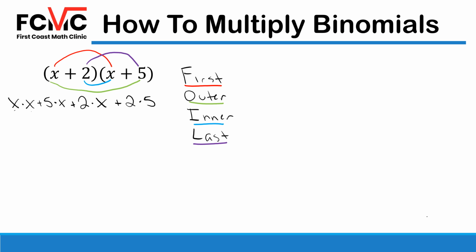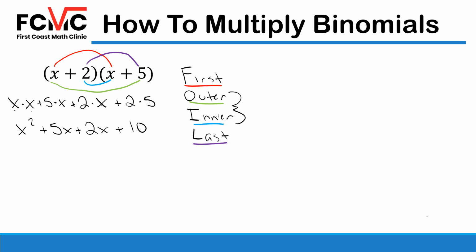So now let's go ahead and do that multiplication. So x times x is x squared. 5 times x is 5x. 2 times x is 2x. And 2 times 5 is 10. And our like terms are typically going to be the result of the combination of the outer and inner.